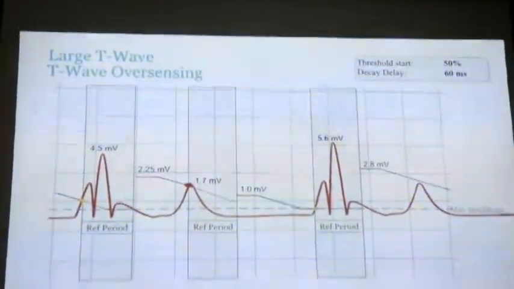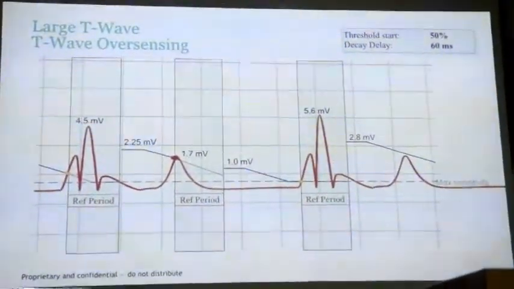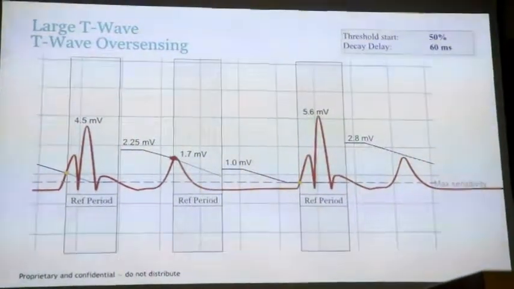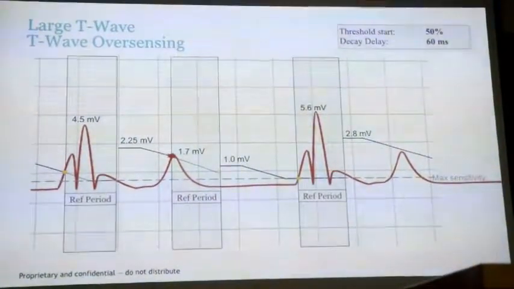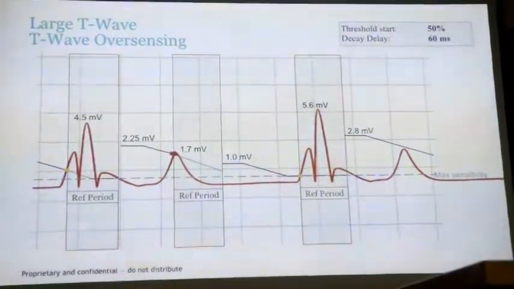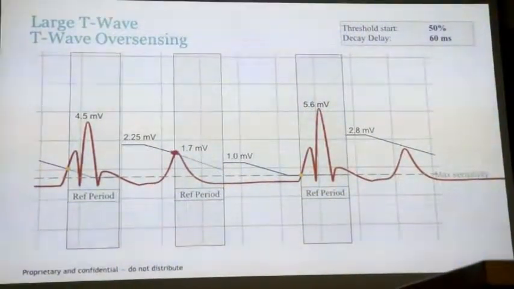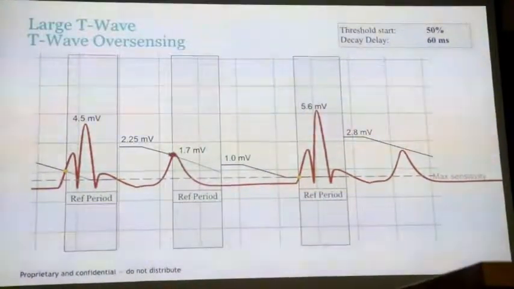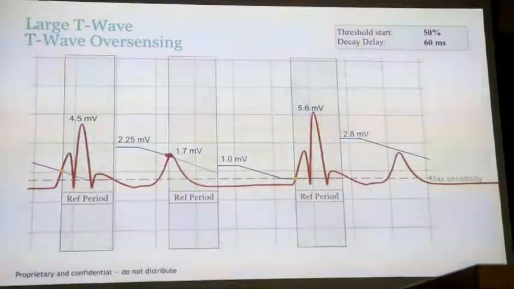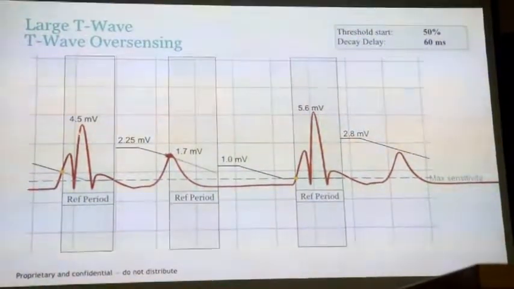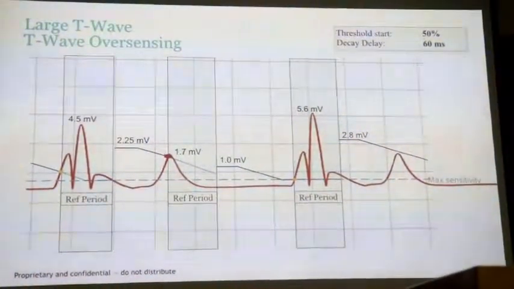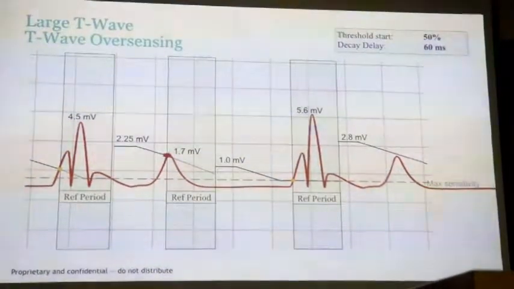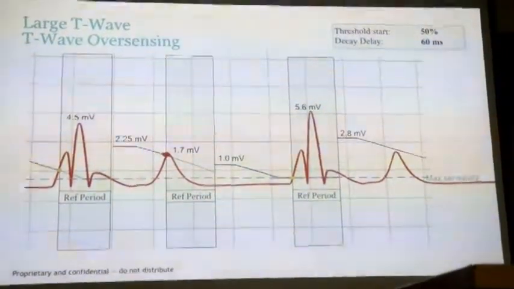In this scenario we've got relatively large T-waves, but almost always when you get T-wave oversensing, in the past or with an older device, it's associated with a small R wave. Almost always, because if you think about it, if the threshold is 50% of this signal and this is a small signal, now it's really sensitive and it gets more and more sensitive.